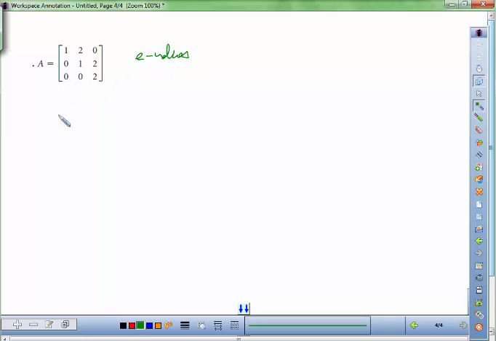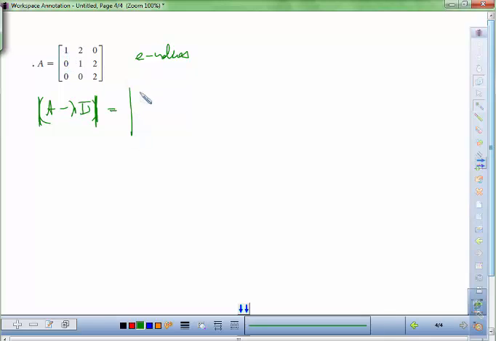You need to subtract lambda I from A, so A minus lambda I, and then you want the determinant of this for your characteristic polynomial.